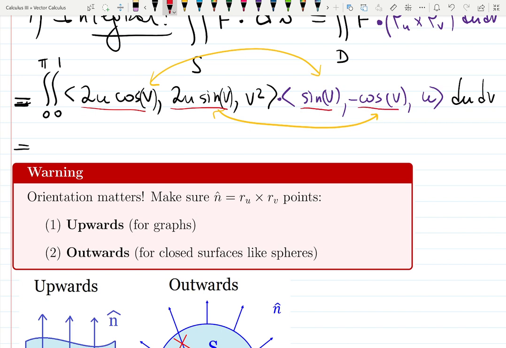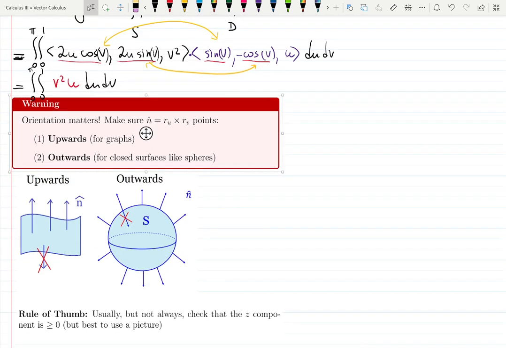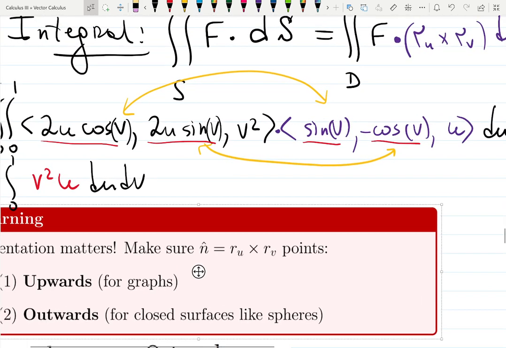So you only have v squared u left. V squared u, double integral du dv, from 0 to pi, from 0 to 1. Integrate that. Those are two different integrals, actually. You can break it up like that. And you have pi cubed over 6.